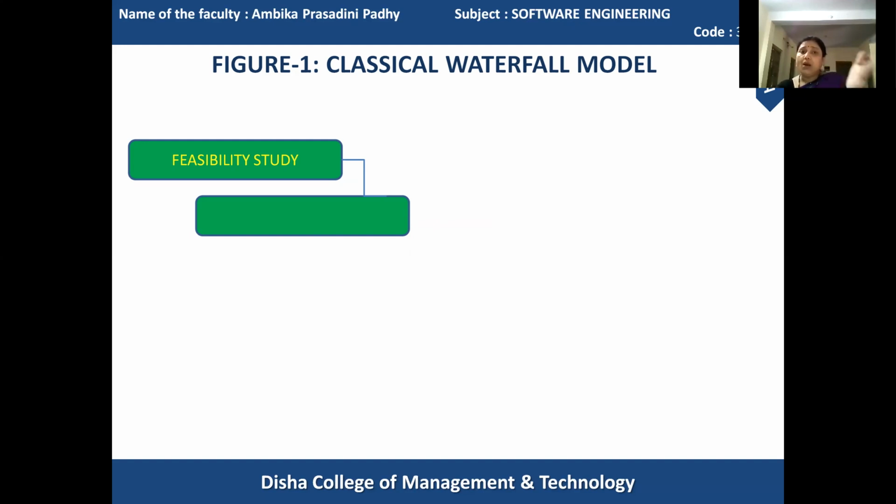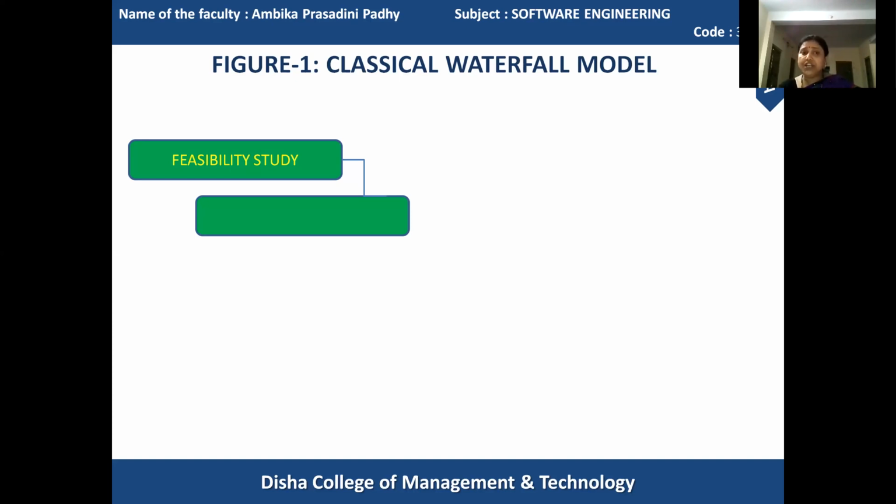So all these activities are executed sequentially here, and similar operations are available in the classical waterfall model. The stages we can view in the same manner as in the software development life cycle. So the first phase of the classical waterfall model is the feasibility study.